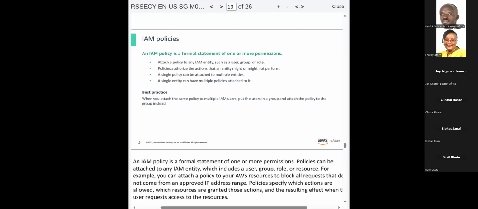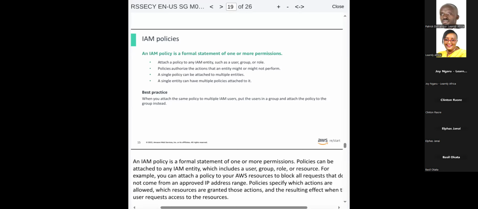And then remember we said that evaluation of permissions is done logically, just like we explained earlier. And use explicit deny to override any allow.